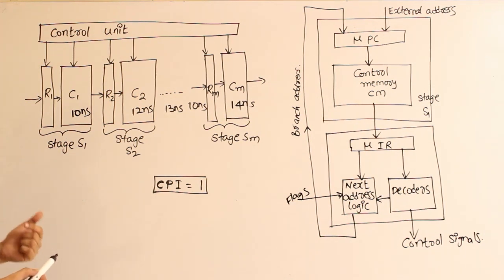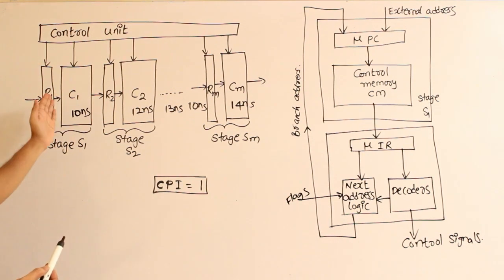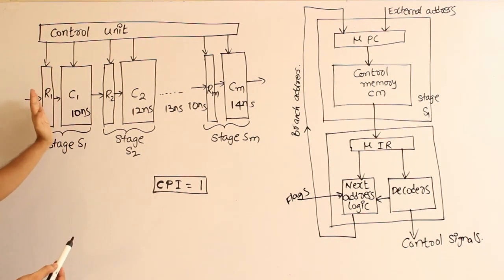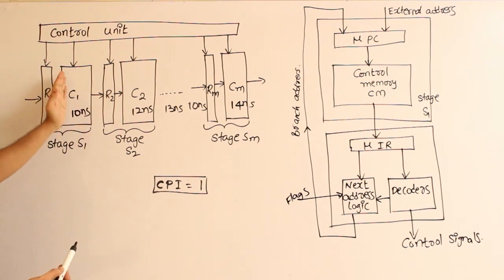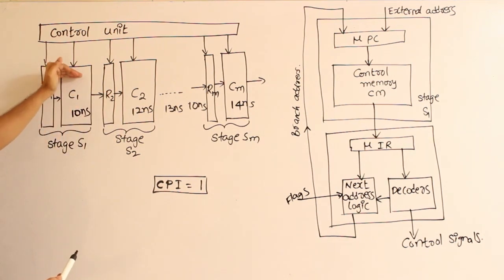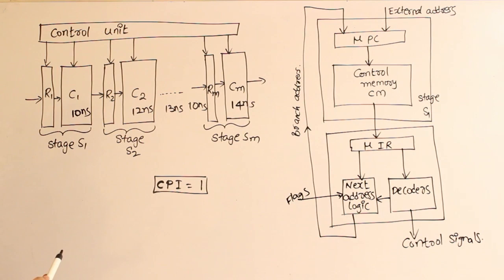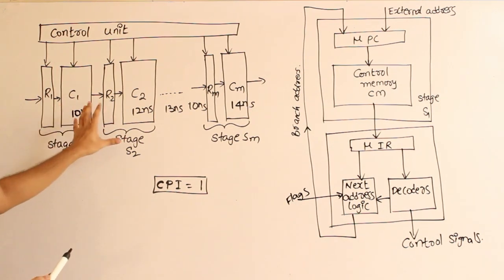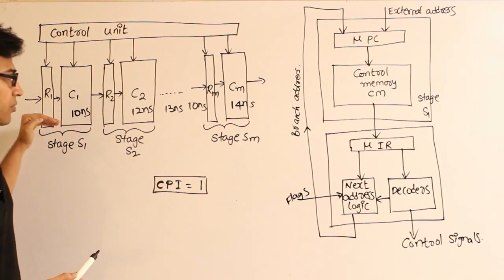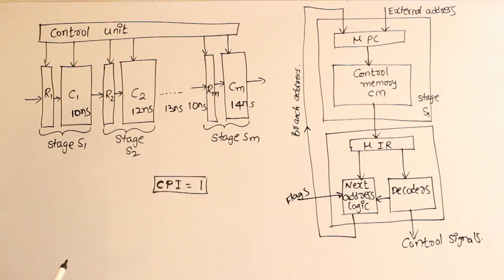Now what should the clock be? Why is the clock required? Whenever we enable the clock, only then will the data move from one register to the next register, or one unit to the next. So what is the clock at which I should operate this entire pipeline?